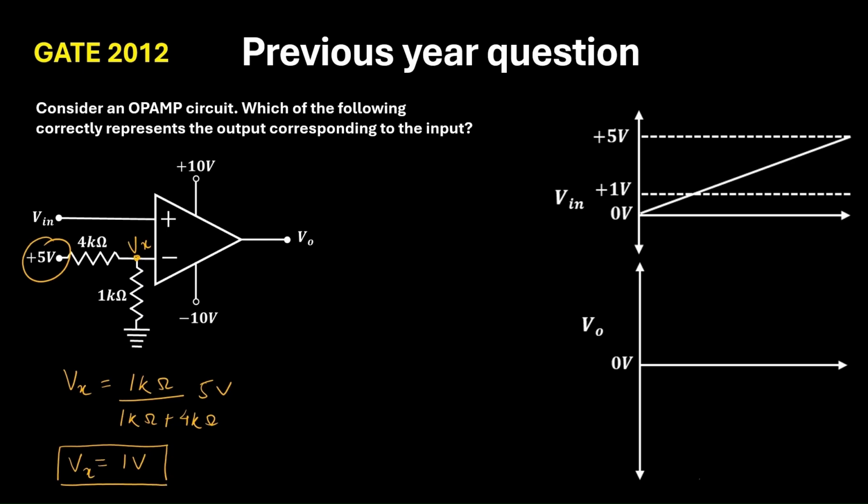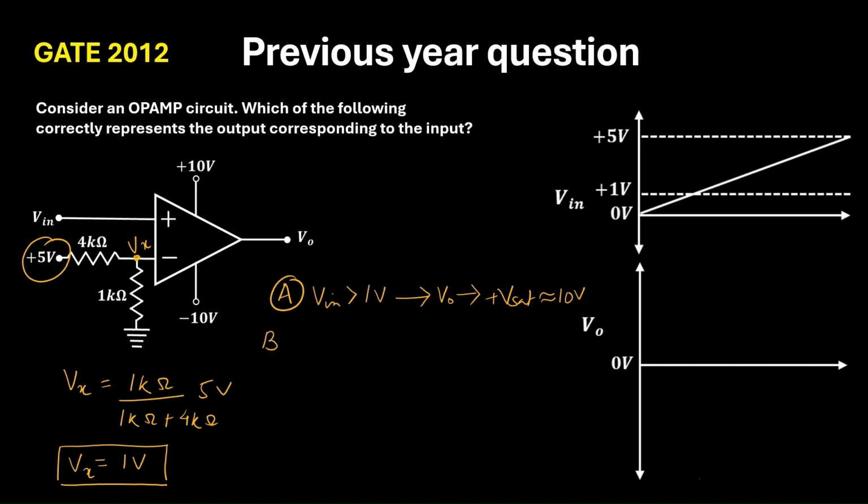After getting this Vx, two cases can arise here. One, I'll call it A. If the input is greater than 1 volt, that is, the voltage at the non-inverting terminal is greater than the voltage at the inverting terminal, the output will be driven to plus V saturation, and since the V saturation value is not given, we can approximate it by 10 volt.